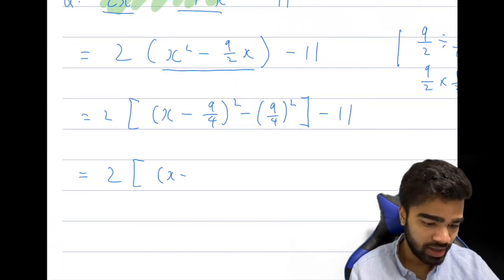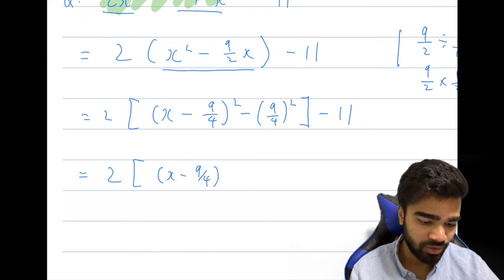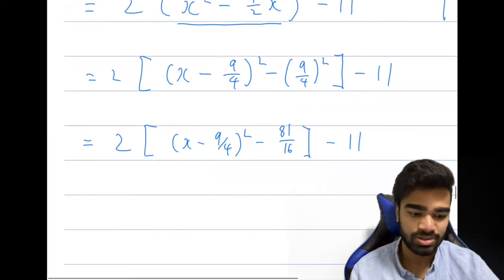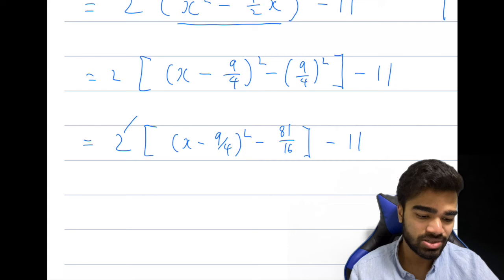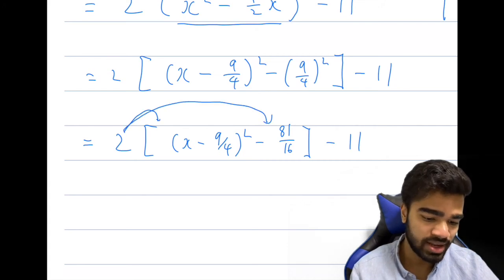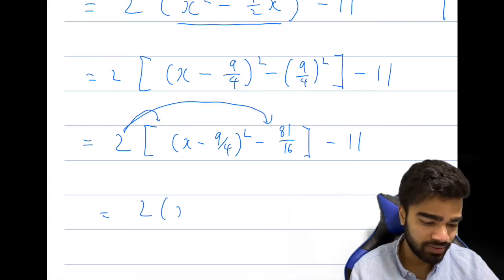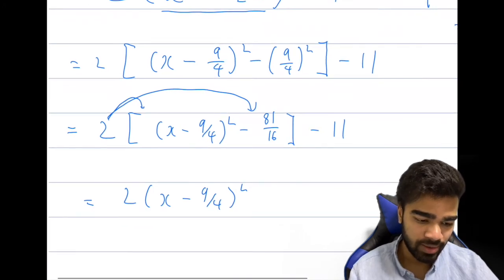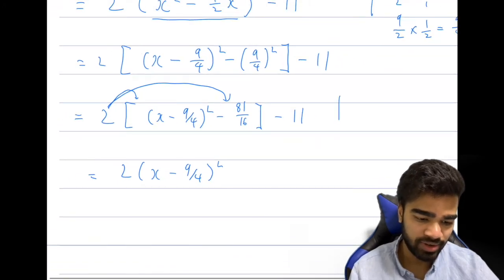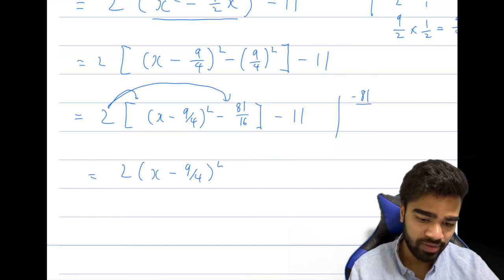2 x minus, I can't simplify 9 on 4, so we'll leave it like that, squared minus, and then squaring these terms is going to be 81 on 16, like so, minus 11. So now we need to get rid of the square brackets, so I can simplify everything and expand into both brackets. So I'll have 2 x minus 9 on 4 squared. And what's this? Well, we can do it on the side over here. We need to do negative 81 on 16 multiplied by 2.